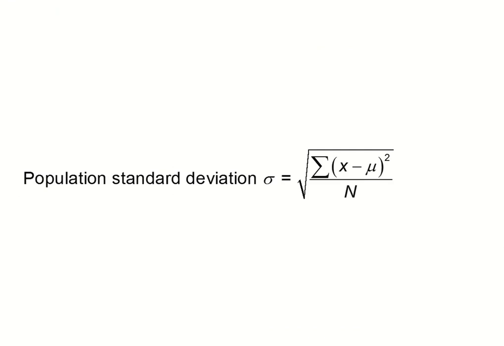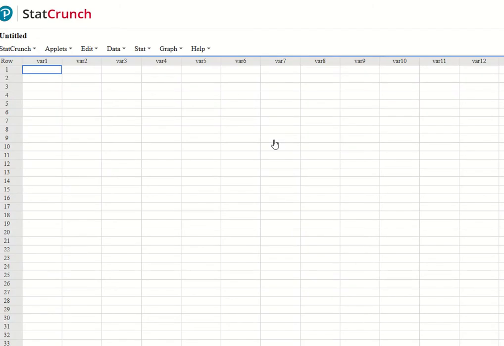You could use the population standard deviation formula to find it, but I'm going to use StatCrunch. Remember, the 3 population values are 1, 3, and 8. I'm going to put them in one column.